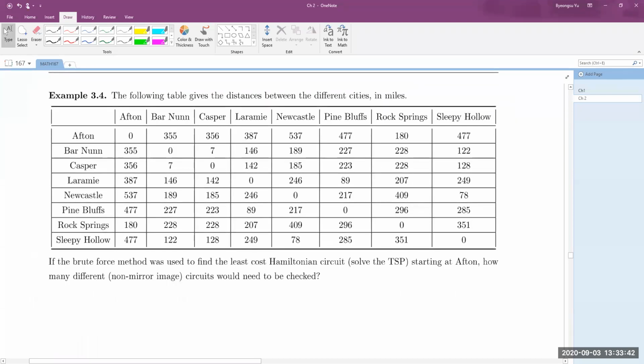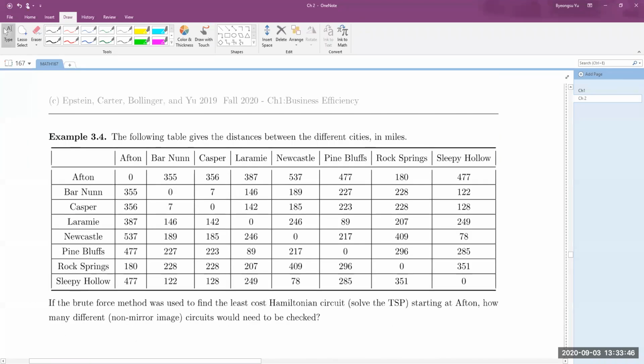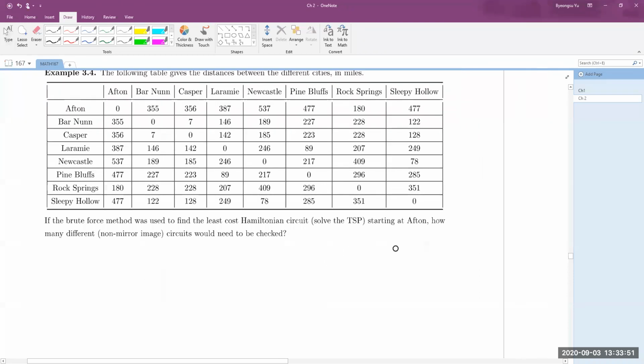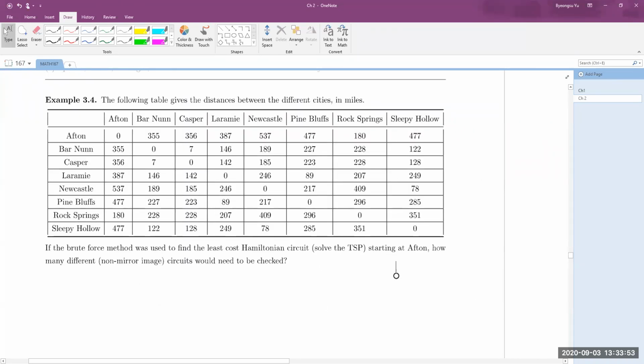So to review the nearest neighbor method, let's revisit this table example first. One important aspect of this structure is that this table can be thought of as a complete graph.